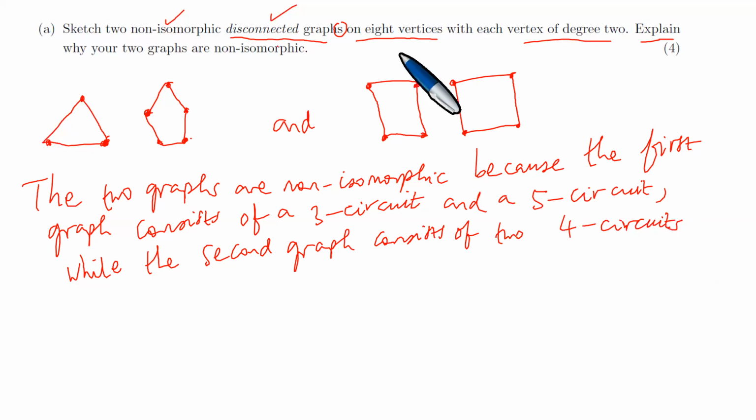Okay, this one now consists of 4-circuits, so they're not isomorphic because of that.